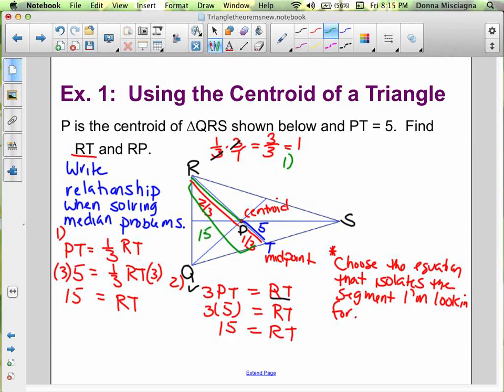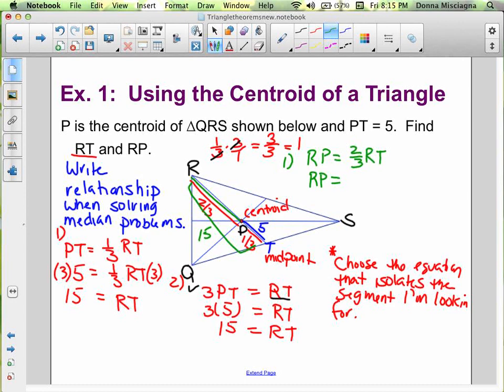I know that whole distance there is 15. So now I know that RP is 2/3 of RT, and I'm looking for RP. We isolated it in this particular one. So you can always write it as, the midpoint to centroid is 1/3.